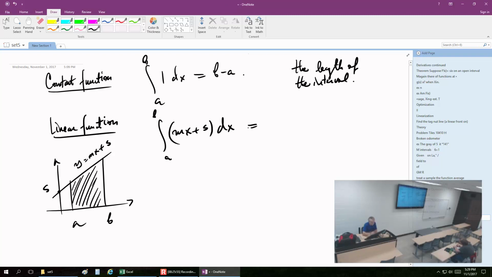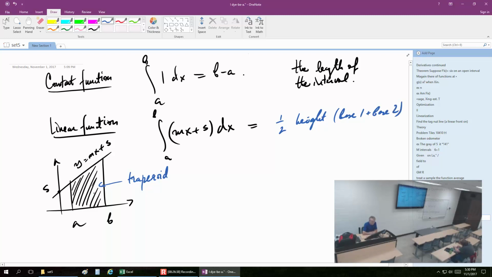So what is it? What's the area of this shape? What's the name of the shape? It's a trapezoid. So what's the area of the trapezoid? Anybody remember? Height times what? Yeah, base 1 plus base 2. That's right.